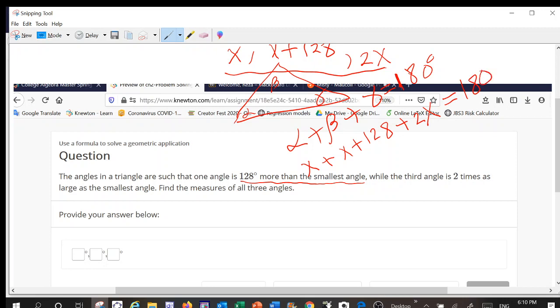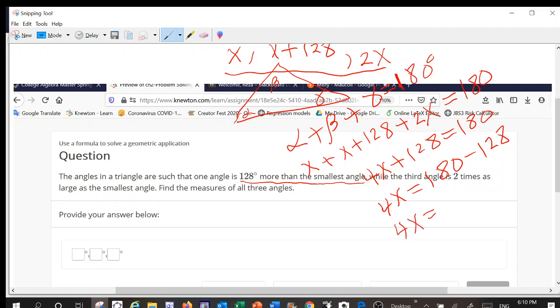So that's 4x plus 128 equals 180. So 4x has to equal 180 minus 128, which is 52. 4x equals 52, so x is 52 divided by 4, which is 13. So x is 13.